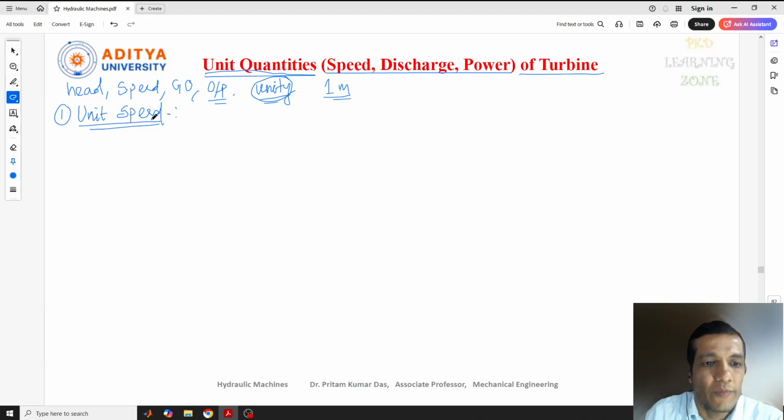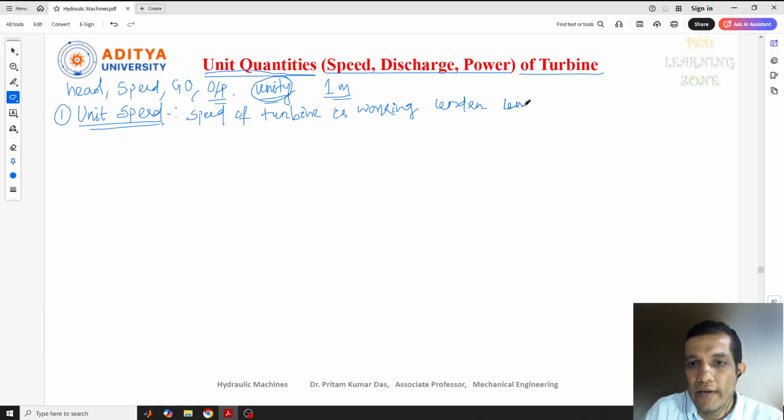So the unit speed is the speed of the turbine working under unit head. Let's find out for unit head, then we can go for different heads also.